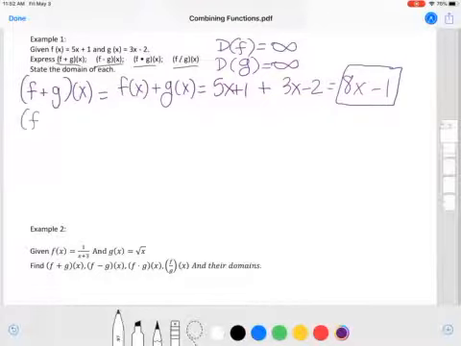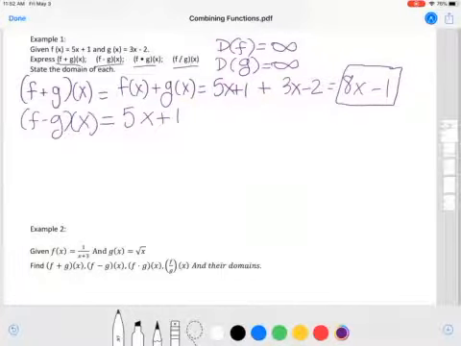For f minus g of x, I'm just going to subtract g from f. So I'm going to take 5x plus 1. Now here's where students make mistakes. Be careful. When you subtract the entire function, you're subtracting the whole thing, 3x minus 2.